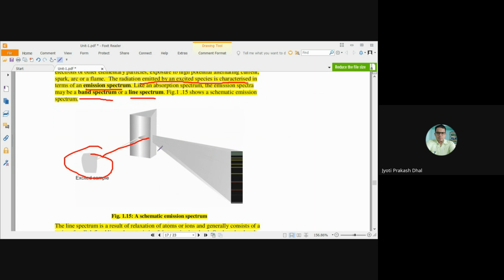Here you can see, if this molecule does not emit, then the background of the photographic plate will be black, and as the excited sample is emitting electromagnetic radiations of particular wavelengths, at that wavelength you will find a bright line on the background of a dark screen. So that is called the emission spectrum.